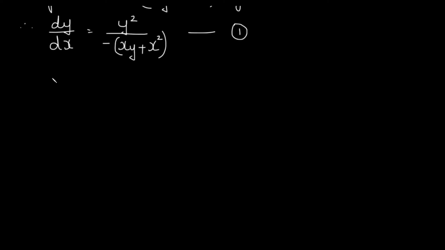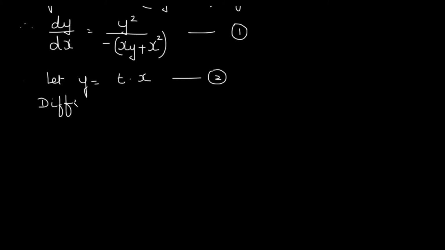Then in the next step, we do the next step of the method that we learned. So we write, let y is equal to t into x, and therefore now we differentiate both the sides. This is equation 2.